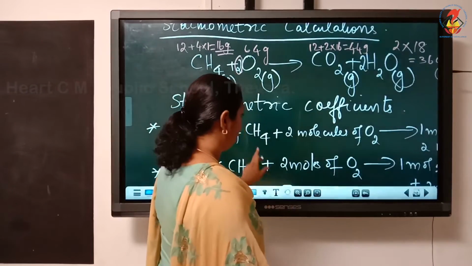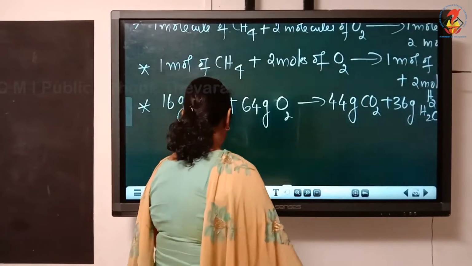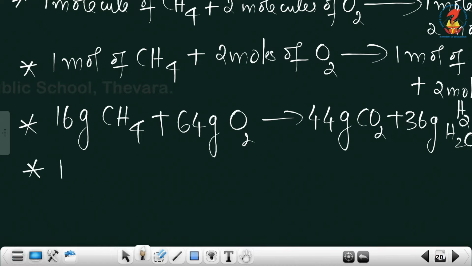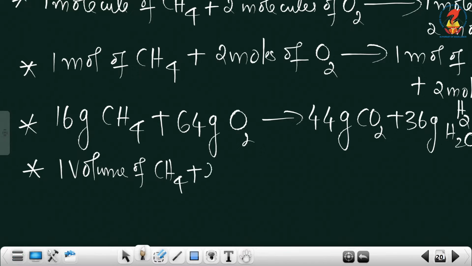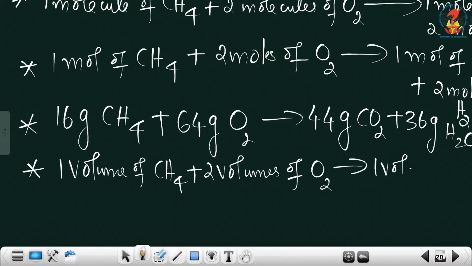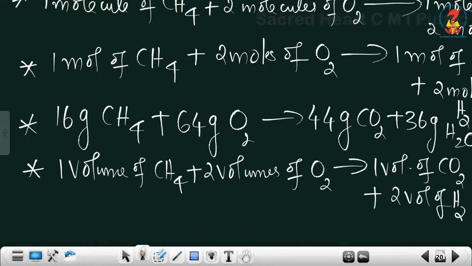So on the basis of volume, I can write 1 volume of methane combined with 2 volumes of oxygen to give 1 volume of carbon dioxide plus 2 volumes of water vapor.